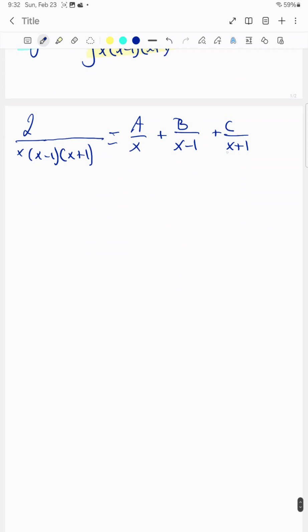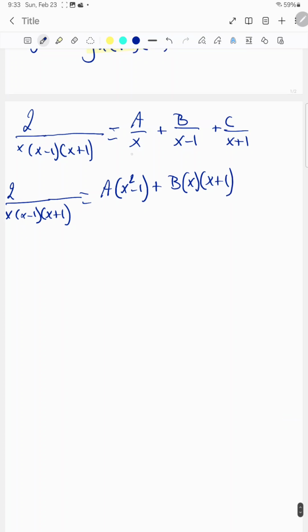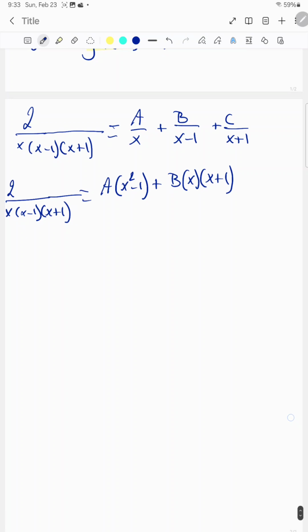So let's have a common denominator on the left hand side. So 2 equals a times (x - 1)(x + 1), which is x^2 - 1, plus b times (x + 1), because if I divide x(x - 1)(x + 1) by x, I will have (x - 1)(x + 1), which is x^2 - 1.